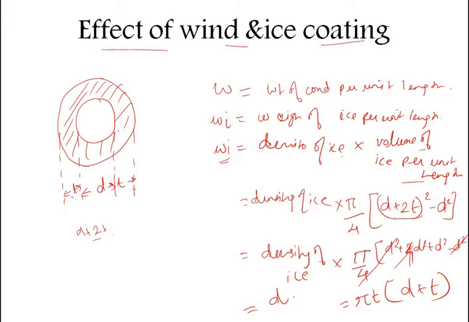So Wi is equal to density of ice into pi t into d plus t.